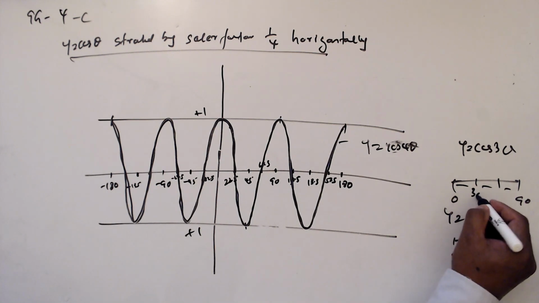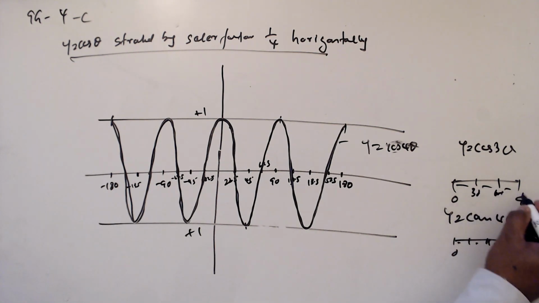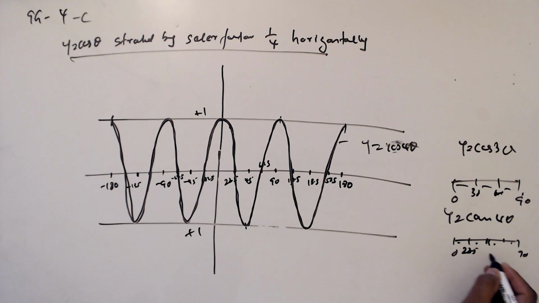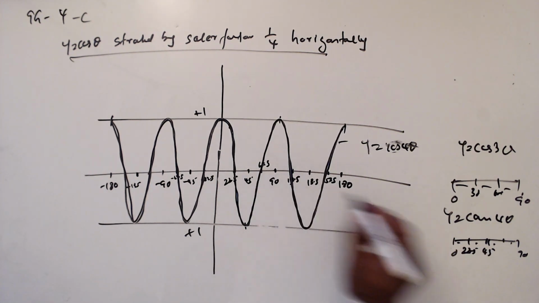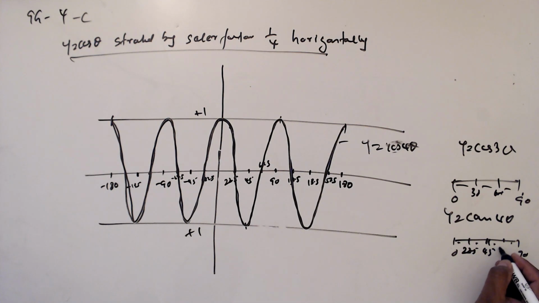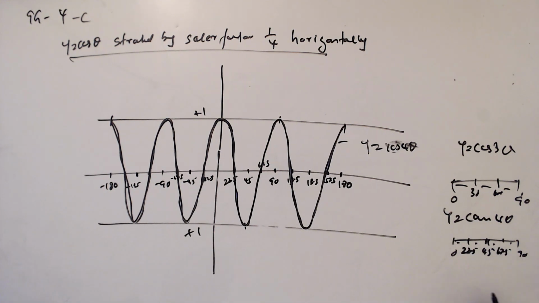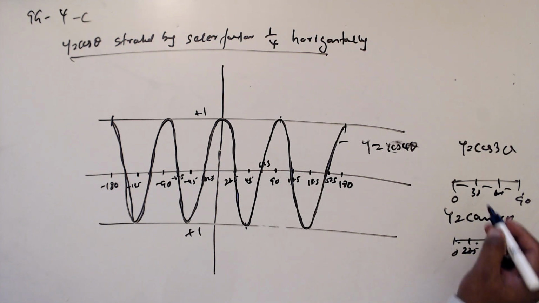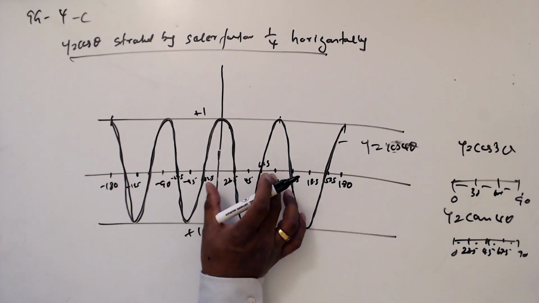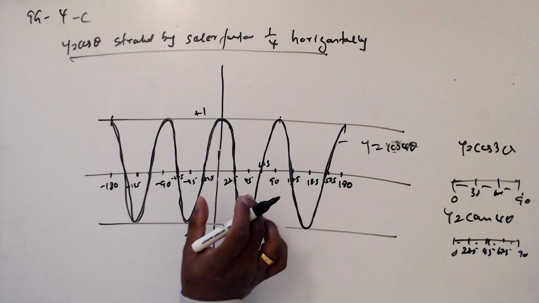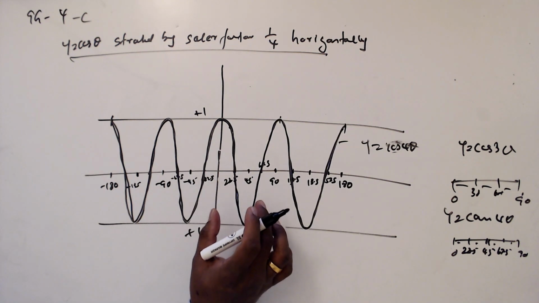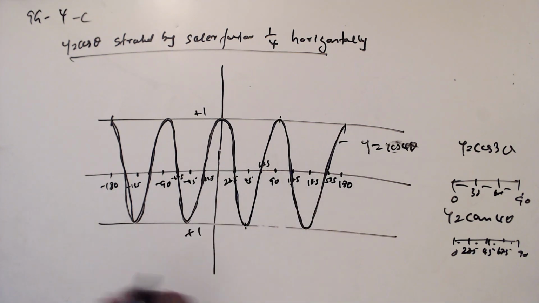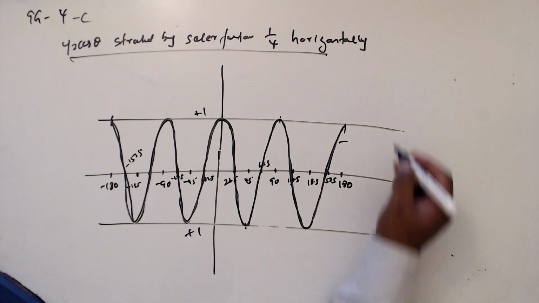This is 30. This is 60, 90. This is 22.5, 45. Then 67.5 and 90. If it is cos 5 theta, now you take 0 to 90. That space you have to break into 5 pieces. So likewise it is continuing like that.